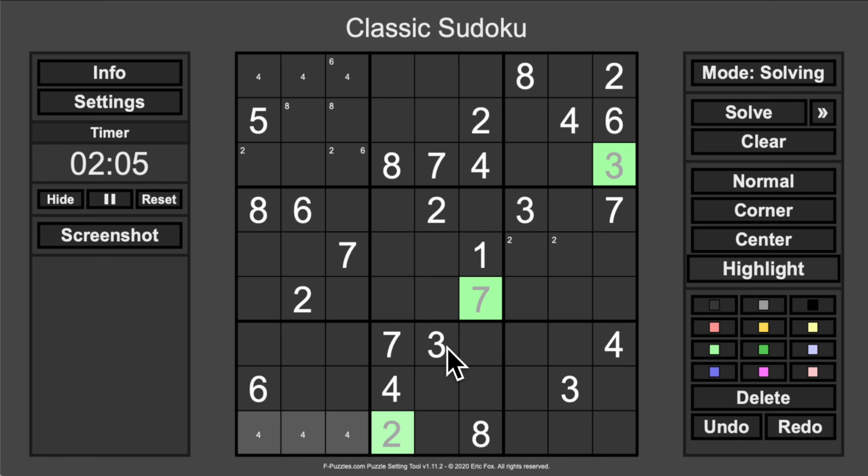These be a 4. Oh, 3. I can do something with 3s. So one of these has to be 3.